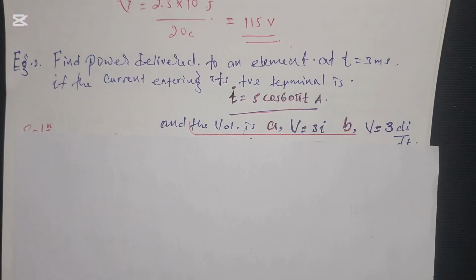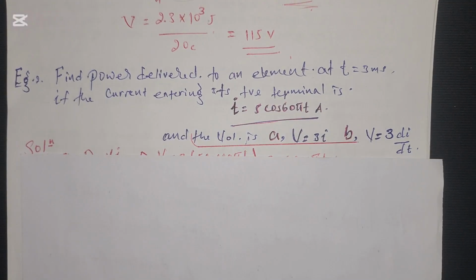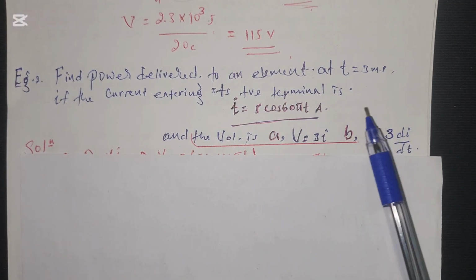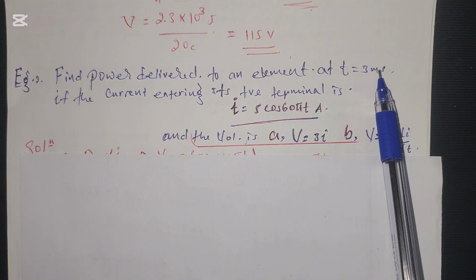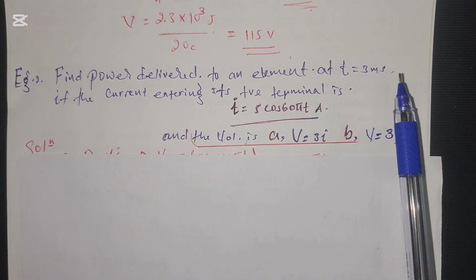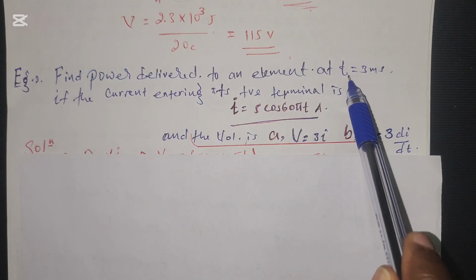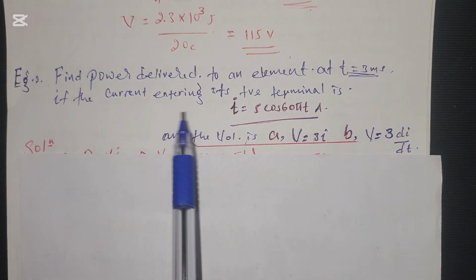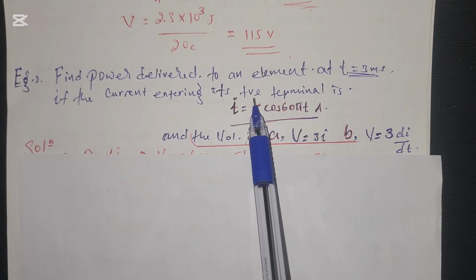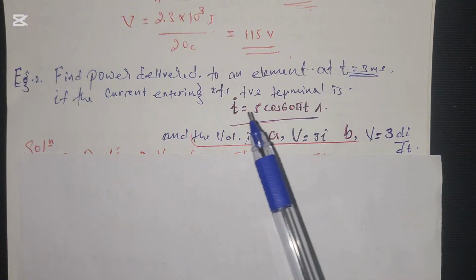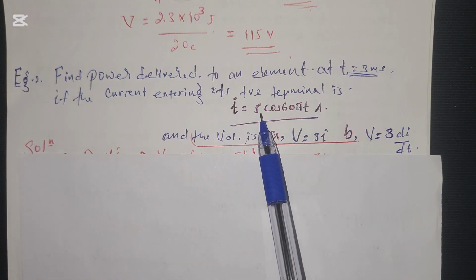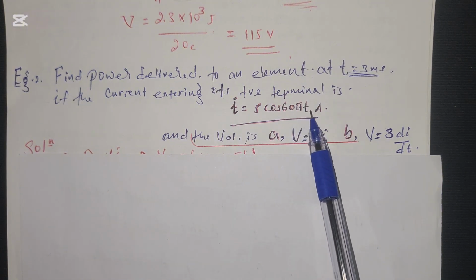Let us solve the next problem. Find the power delivered to an element at t equal to 3 millisecond, if the current entering its positive terminal is given by I equal to 5 cos 60 pi t.